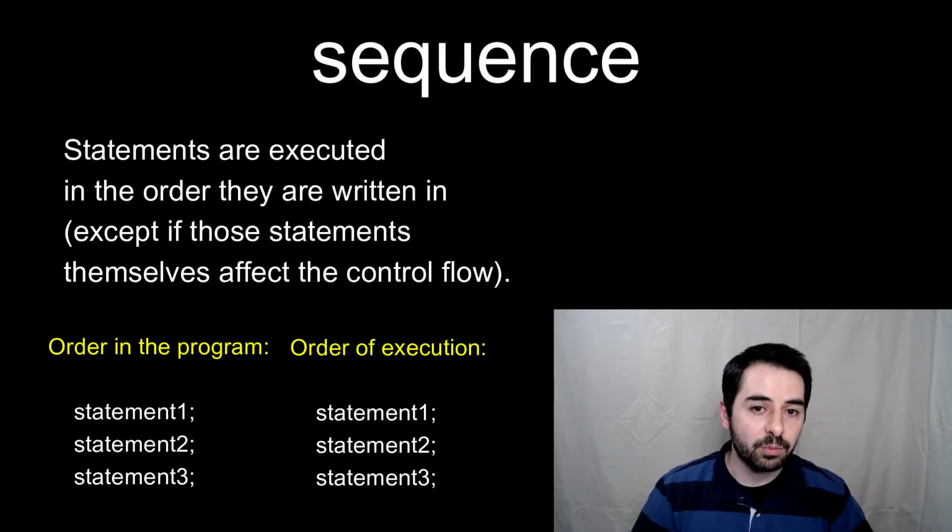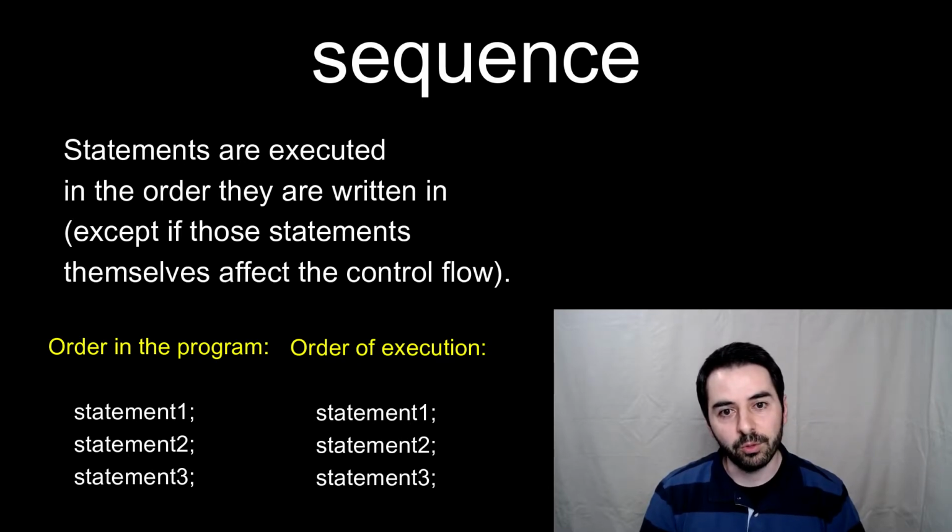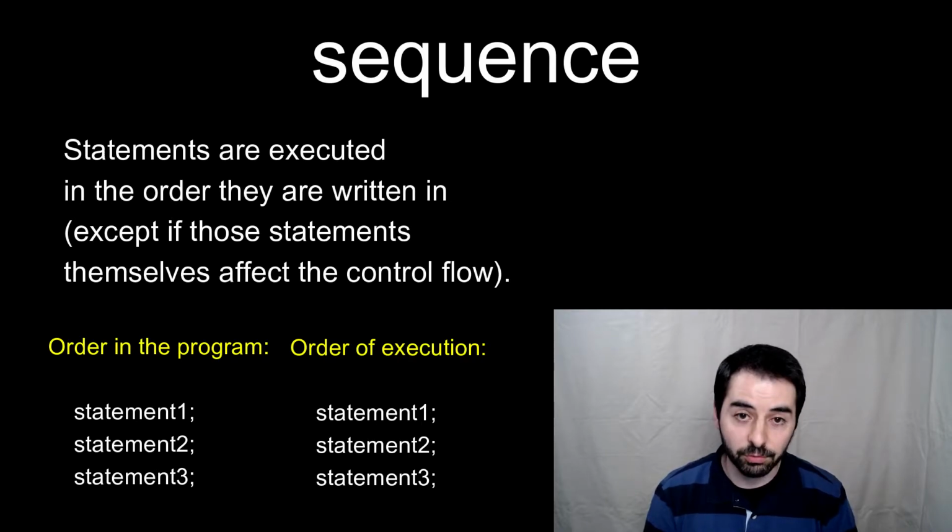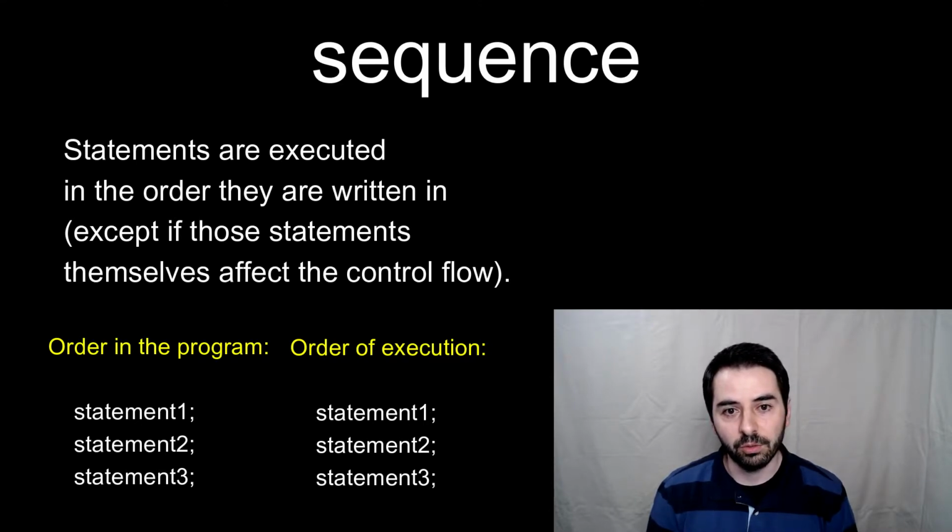This is mostly true, except for some cases where other control flow statements or other concepts of the language interfere with the control flow. We'll talk about most of them.